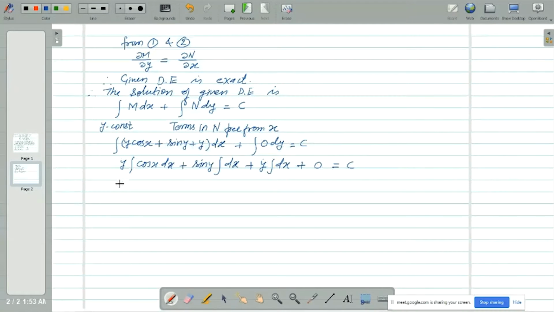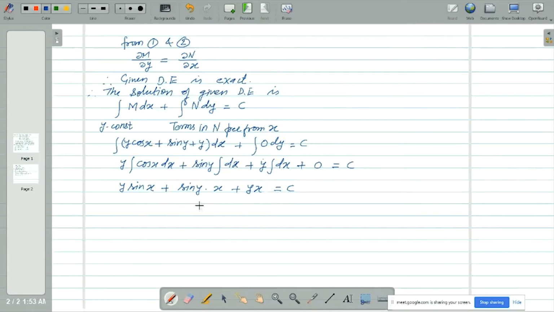So what is the integration of cos? That is sine. Integration of cos is sine x, and plus sine y, and integration of dx is x. Okay, and plus y, integration of dx is x, and this equals c.